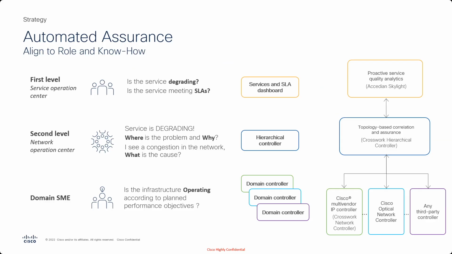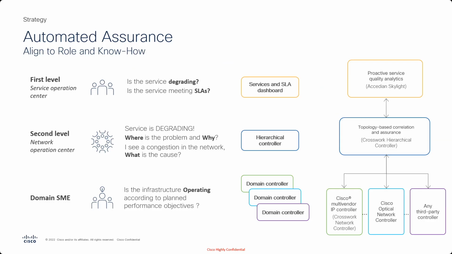So it simply needs to understand if my service associated with the customer is degraded, yes or no. That type of operator does not need a deep view or a topology view of the network. We need more of a dashboard view that helps in understanding if the SLAs are met or not. That is where Accedian can help, and you will have a presentation later on.